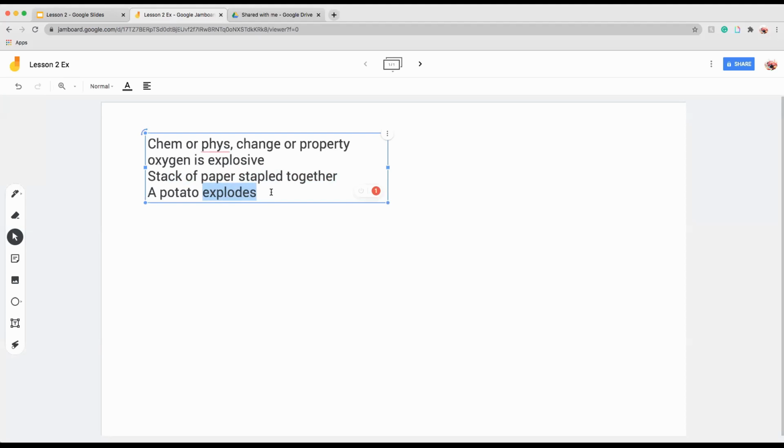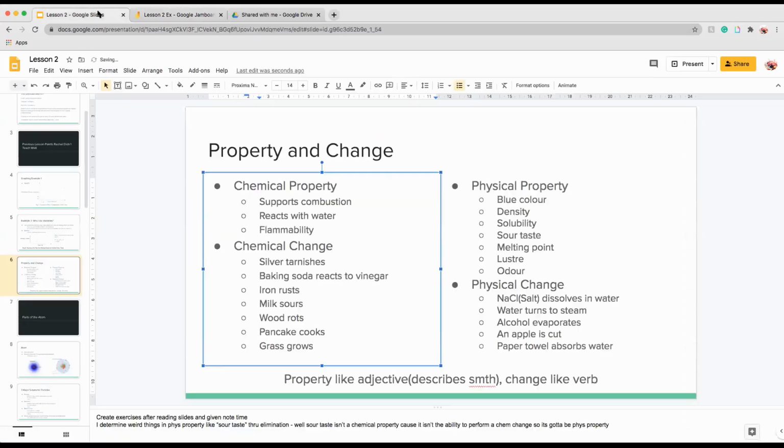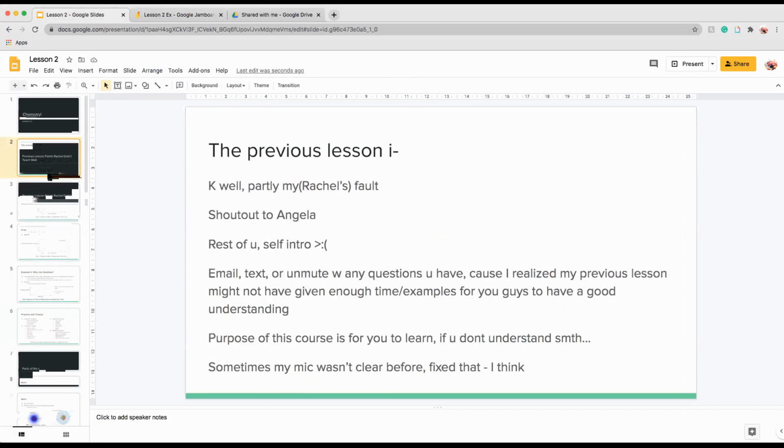You could call it physical change, actually. Yeah, that counts. And then how would you convert this into a property? Potato explodes? How would you convert this sentence into a property instead of a change? Potatoes can explode. Yeah.